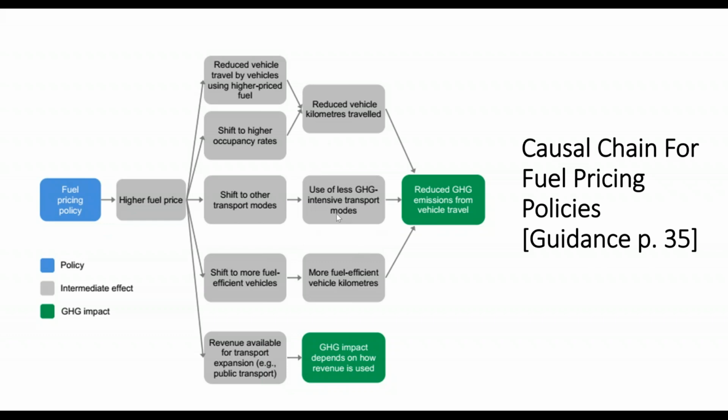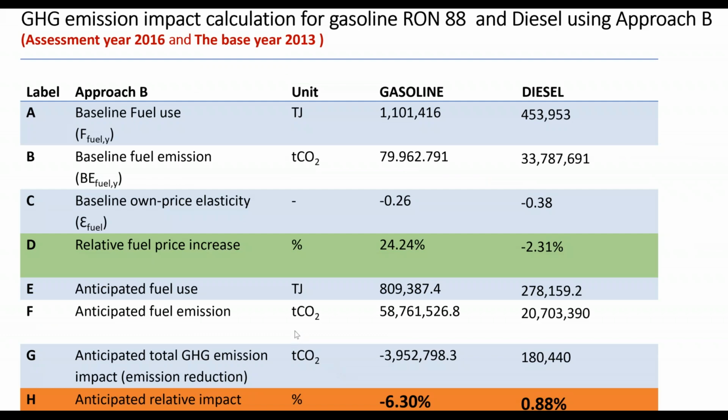All of these impacts will reduce GHG emissions from vehicles. We could probably also have revenue available, but we don't know the impact because it depends on how the revenue is spent. So these are the results for the fuel pricing policy.